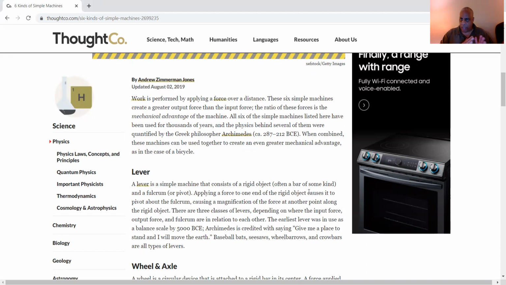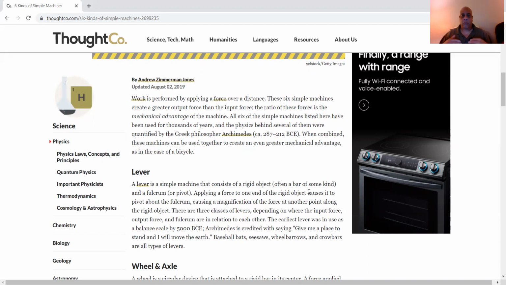And work equals force times distance. Now, the reason why we use simple machines is that it makes it easier for material that you can't lift to be transported. So basically, when we talk about simple machines, we talk about doing work, because work is performed by applying a force over a distance.